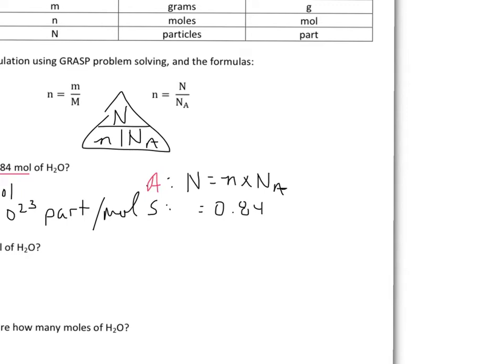There we go. So 0.84 mole times 6.02 times 10 to the 23 particles per mole, and you'll notice that your moles cancel out, leaving you with only particles left over. Just give me a second to grab my calculator.